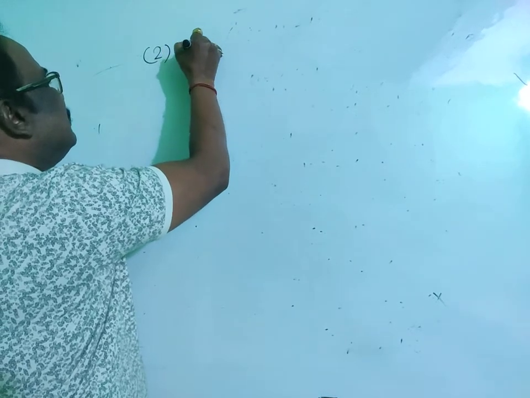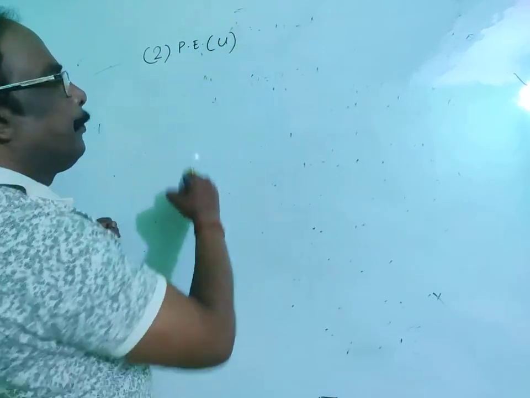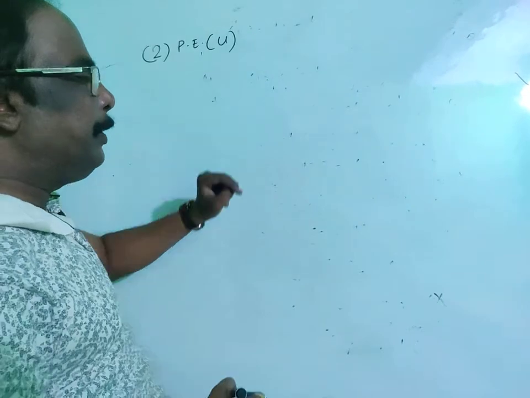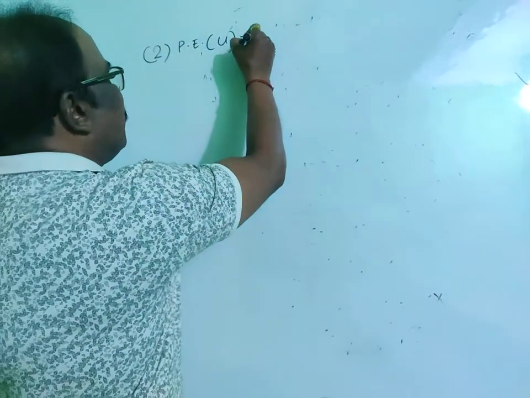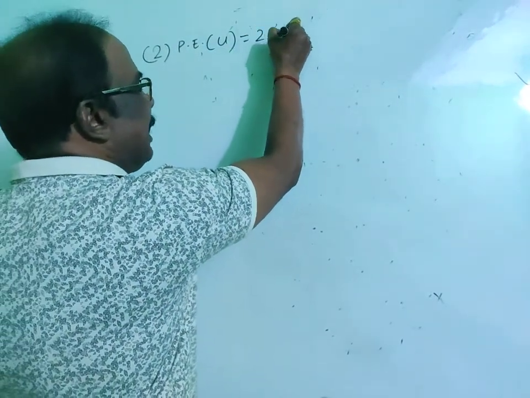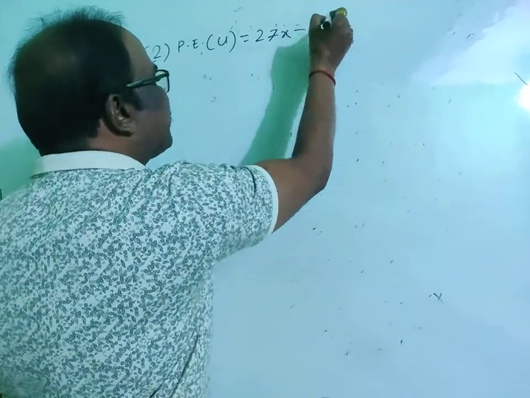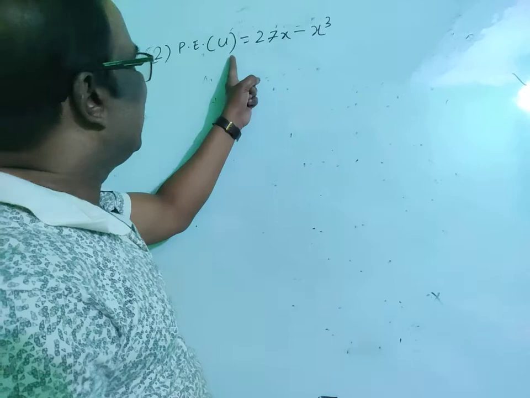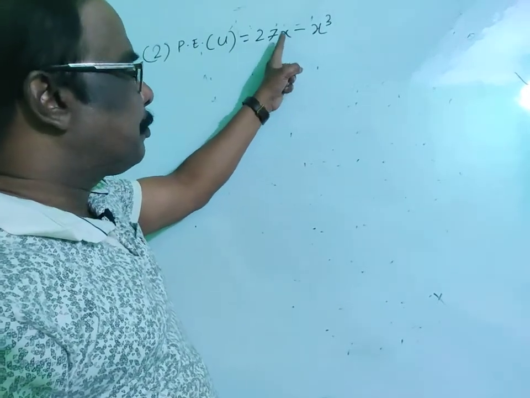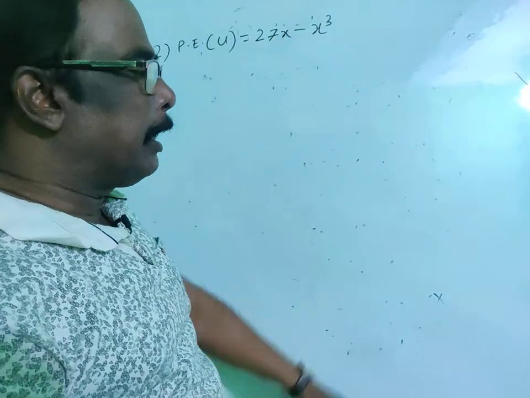Potential energy U is given as 27x minus x cube.